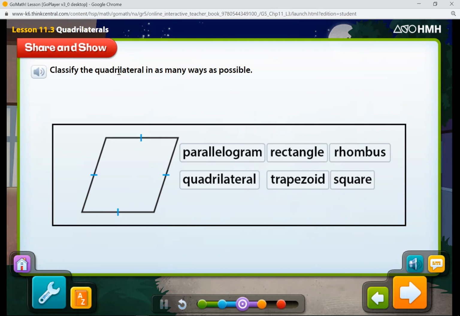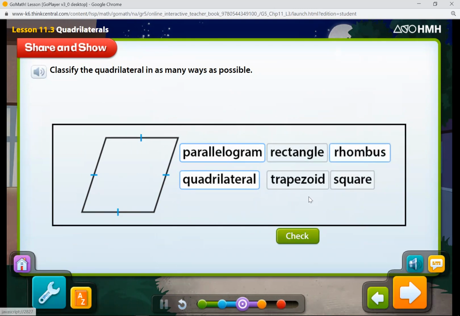So we know that this is a quadrilateral. Not only did they tell us, but we know that it has 4 sides. But let's see, is it a parallelogram? Does it have 2 pairs of parallel sides? Yes. How about a rectangle? What do you think? Rectangle. Whoop. You're right, it doesn't have 4 right angles. How about rhombus? A rhombus has 4 equivalent or congruent sides.